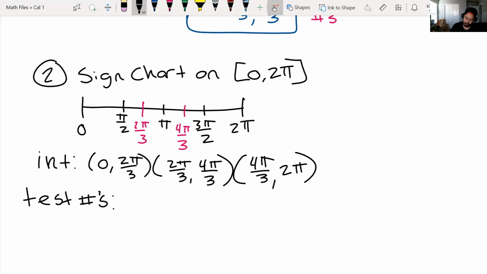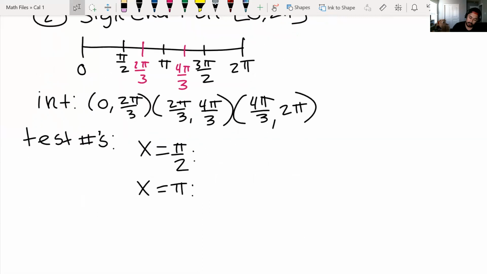And we get from 0 to 2 pi over 3. Look what value is right before 2 pi over 3. See, this came in handy. Pi over 2. We'll do x equals pi over 2. And then from 2 pi over 3 to 4 pi over 3, look what other value came in handy. That little pi there. So we'll choose x equals pi.